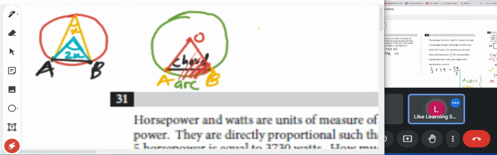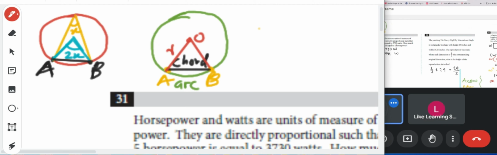This whole area is called what? The area enclosed by those three walls. The walls are two radii and an arc. What is the name of that area? We call that a sector.